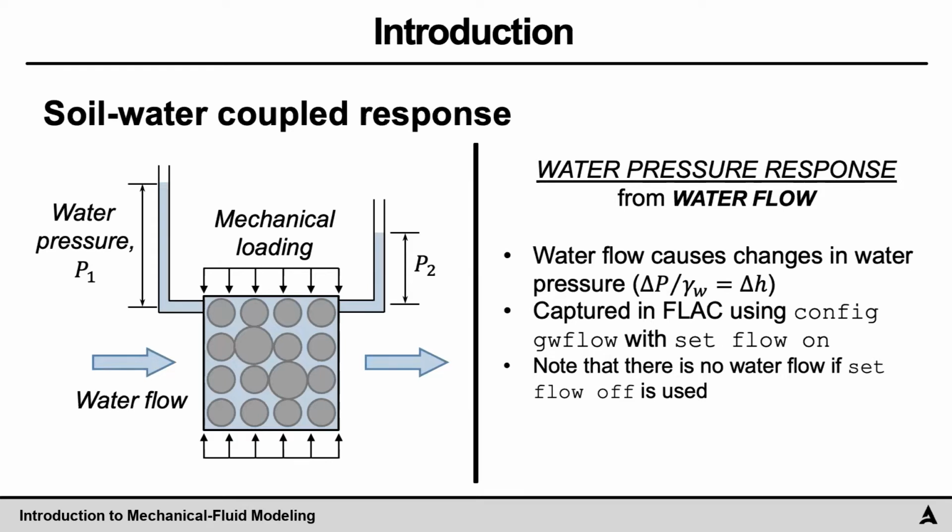One is, generally speaking, the analysis may take notably longer with the flow on command, and that has to do with the time step and also just the number of calculations required, or the amount of work for each time step. That, and then I think also the challenges in accurately trying to predict the permeabilities in the various materials.